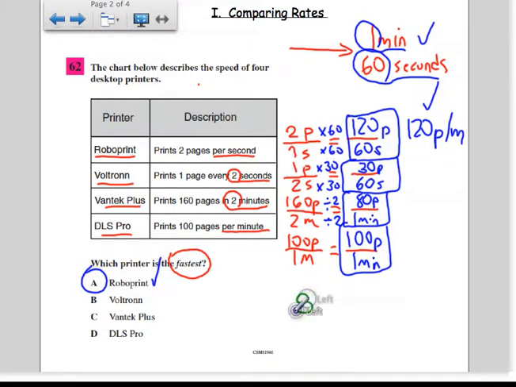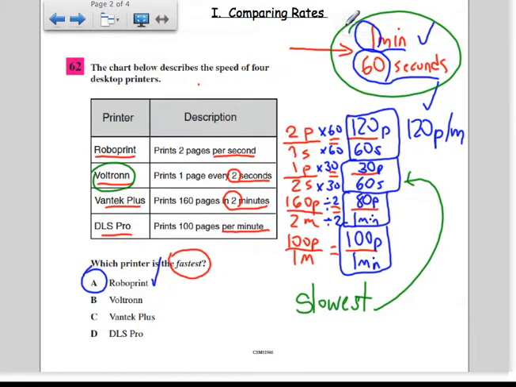If I was asking for the slowest one, hopefully you can see pretty clearly that the slowest is Voltron at only 30 pages per 60 seconds. So again, the goal is to rewrite all of these with the same denominator so that you can compare them all with the same amount of time. I use minutes or 60 seconds because some of them were already in seconds, so I just converted them to 60. Some of them were already in minutes, so I just converted them to 1 minute.